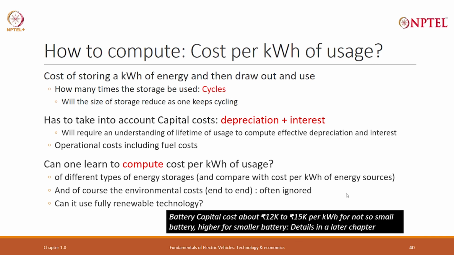For a smaller battery it may be 20,000 rupees per kilowatt hour, but we will get into the detail later. This is important. So, there is a 12,000 to 15,000 per kilowatt hour battery. We need to take the depreciation and interest cost of that, and for the lifetime of the battery, the number of times we charge discharge.